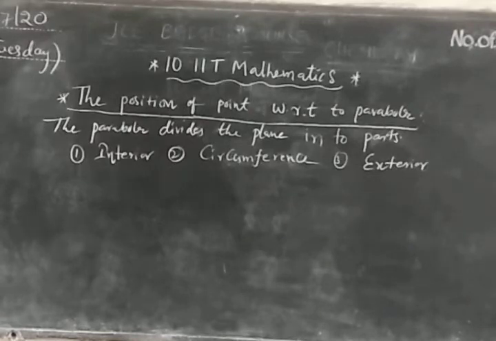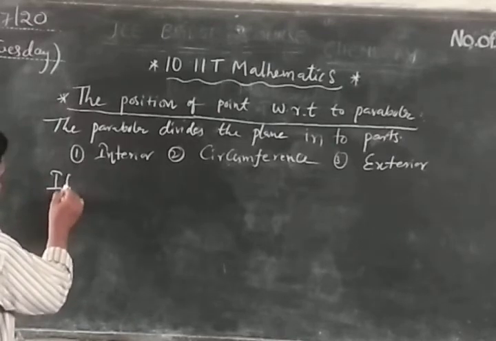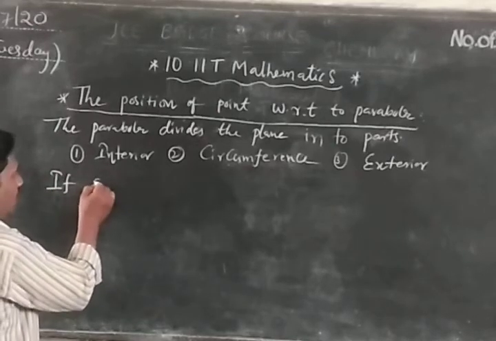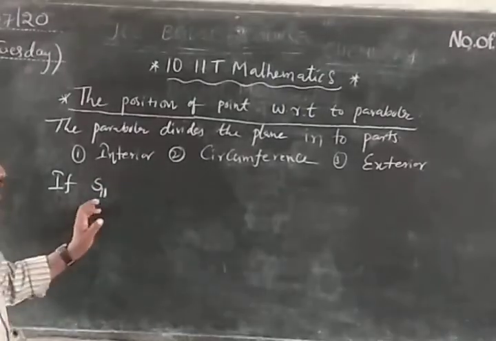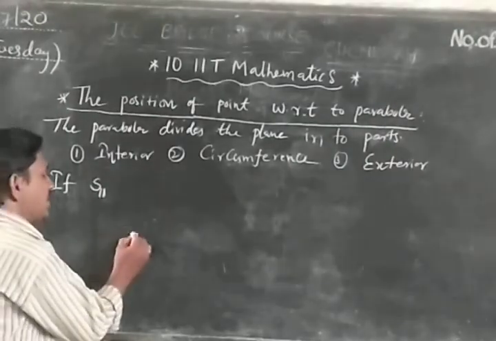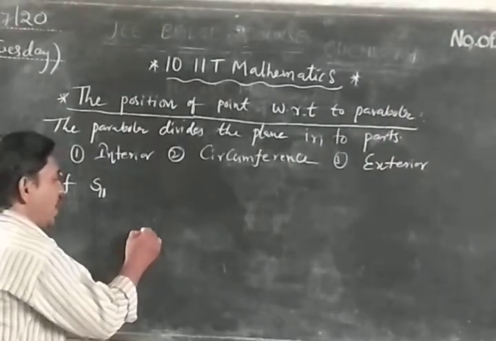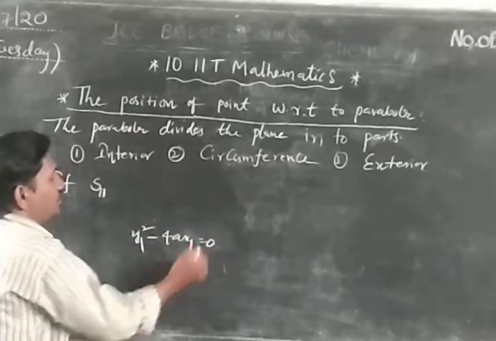For example, S11 means the notation of the parabola. S11 means y1 square minus 4a x1 equal to 0.